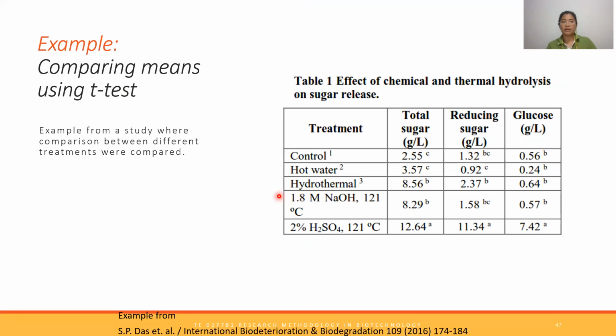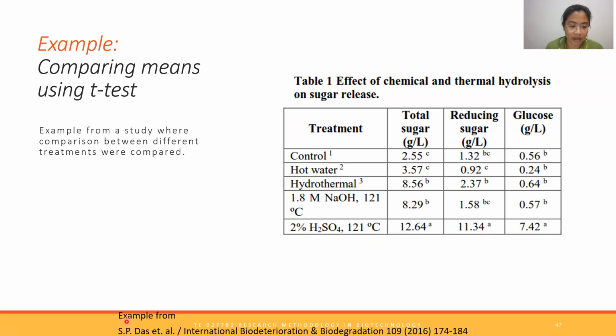Okay, the first example is the result of a study where different treatments were compared. If we are doing an experiment like this, you probably know by heart already that the numbers shown here are the average values.